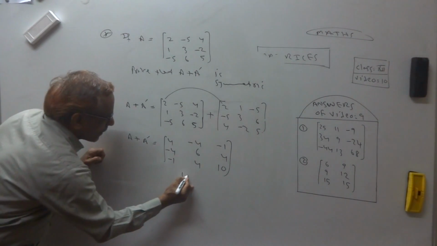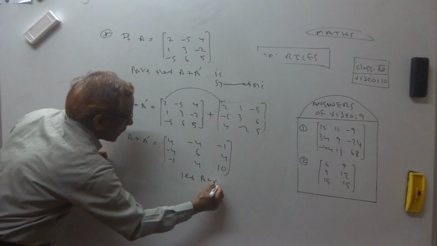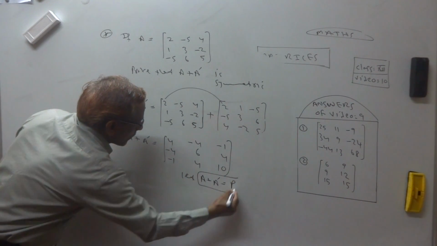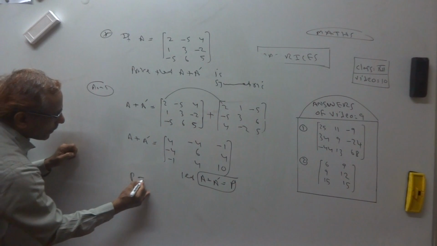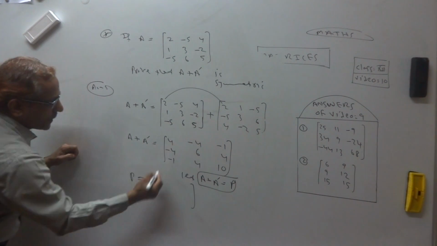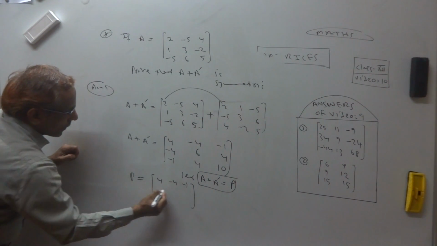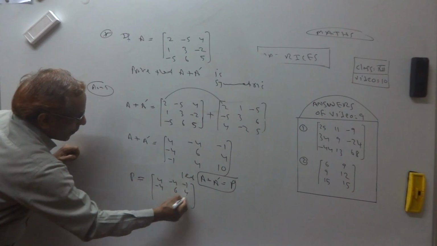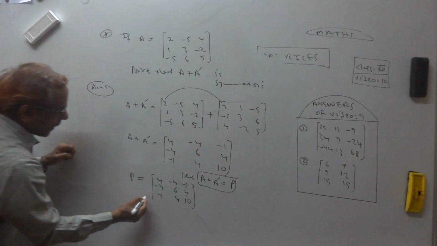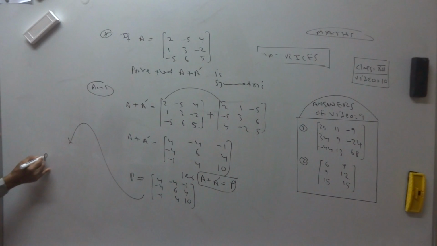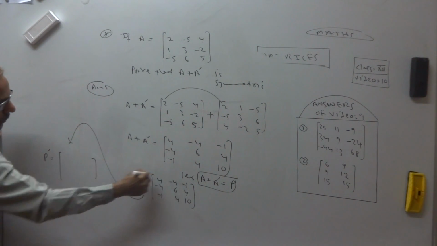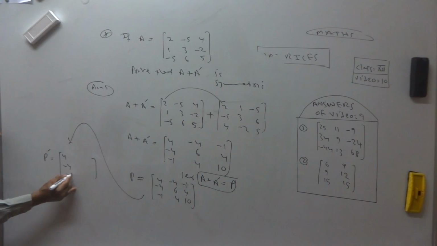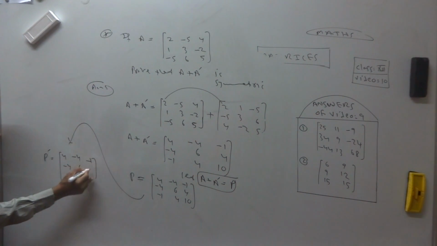So what I am doing? I am supposing, let A plus A dash be P. P is this: 4, 4, 1, minus 4, 6, 4, minus 1, 4, 10. I am finding now P transpose. First row is first column, second row is second column, third row is third column.